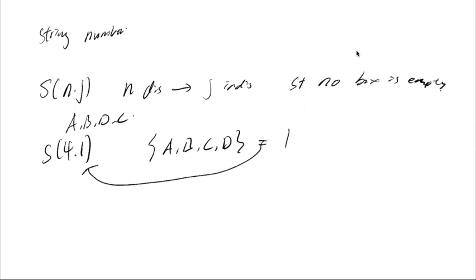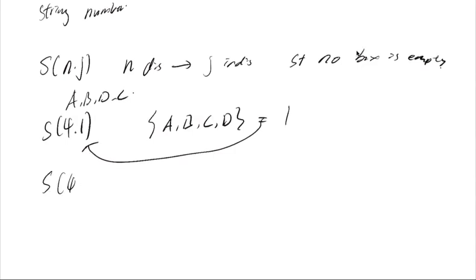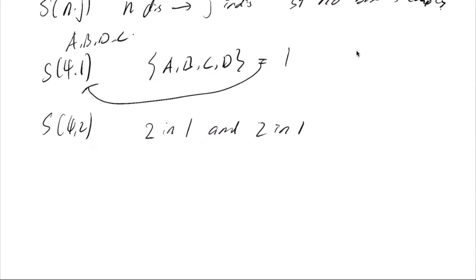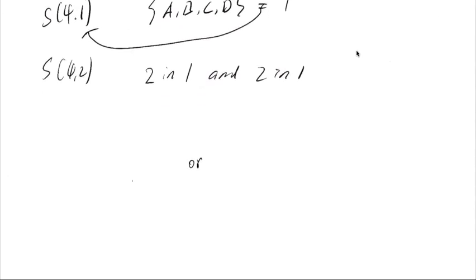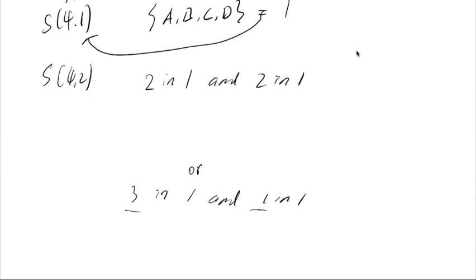So S(4, 1) is equal to 1, and S(4, 2) means we need to distribute A, B, C, D into 2 indistinguishable boxes such that no boxes are empty. So we can do that by 2 in 1 and 2 in 1, or 3 in 1 and 1 in 1.